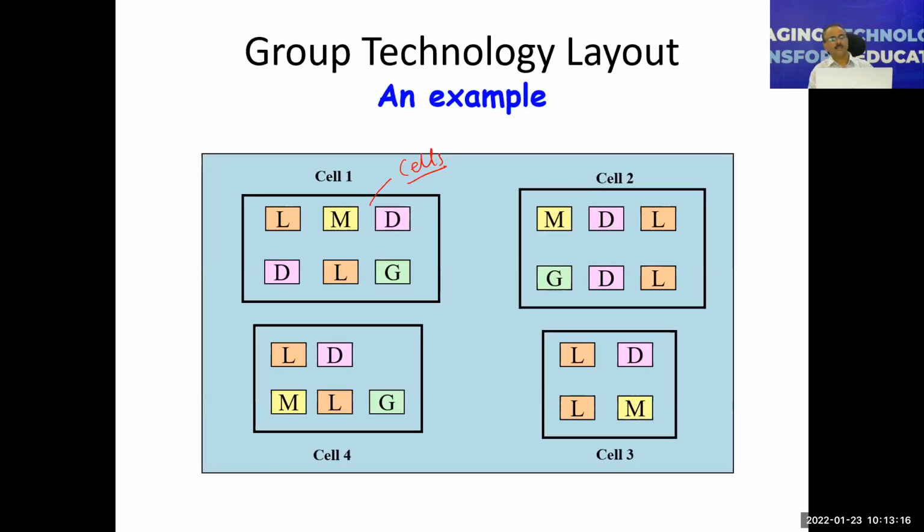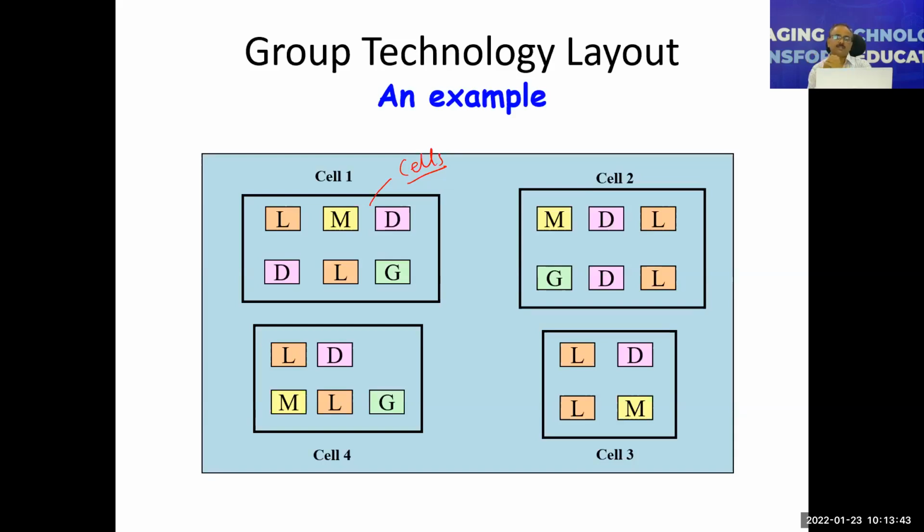Nowadays, because of CNC machines, the job of the operator remains only loading and unloading. Otherwise, the rest of the processing parameters are taken care of by the machines or the programs themselves.